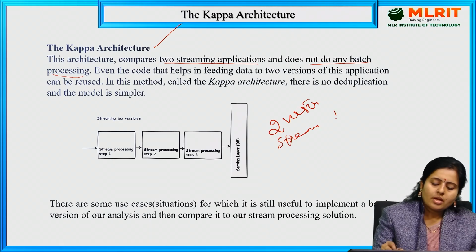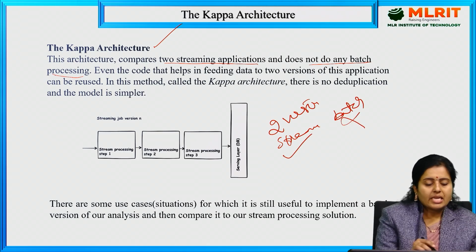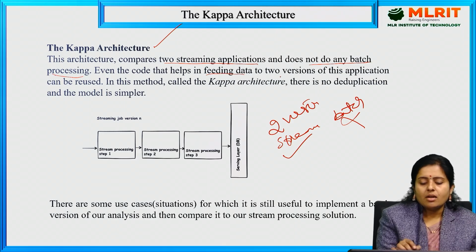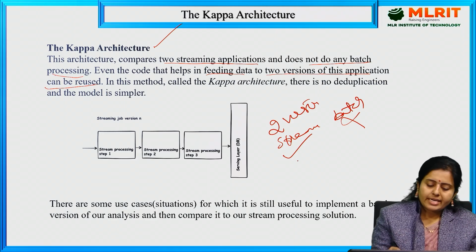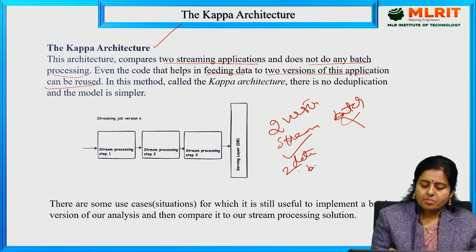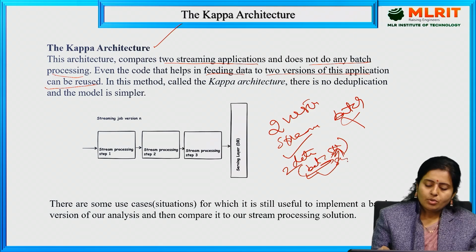There is no batch processing involved. It only works with two versions of streaming applications. Even the code that helps in feeding data to two versions of the application can be reused. Even if the data comes in two forms, batch and stream, the batch data is immediately transformed into a stream only, and again it works with the two stream versions.